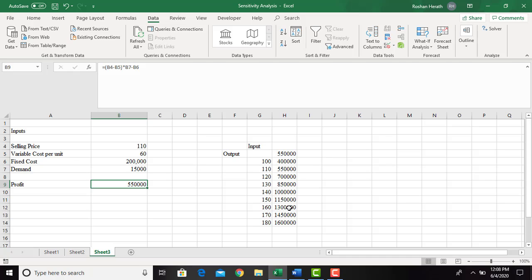In this particular example, I have taken one output, but you can take several outputs relating to the one input, and all the outputs would be provided. That's how it works, right? So this is the most important aspect.